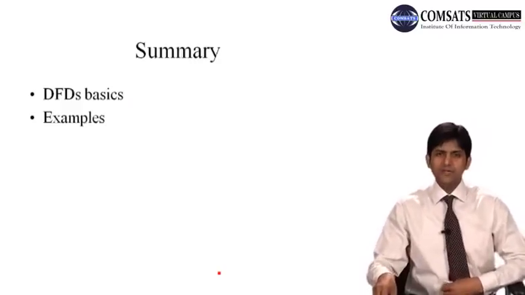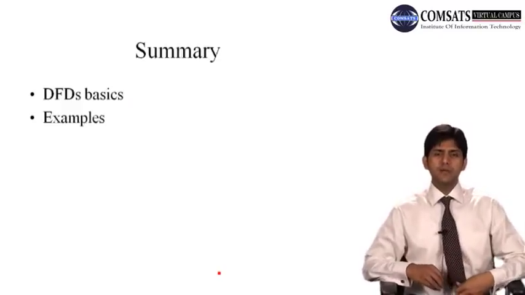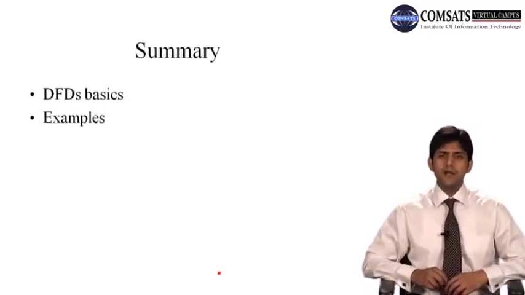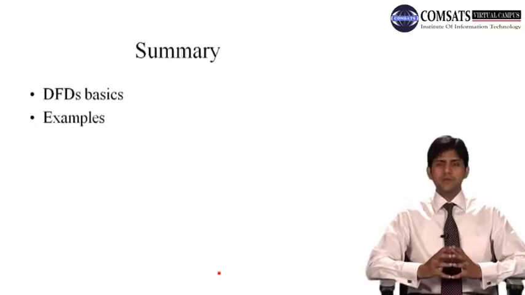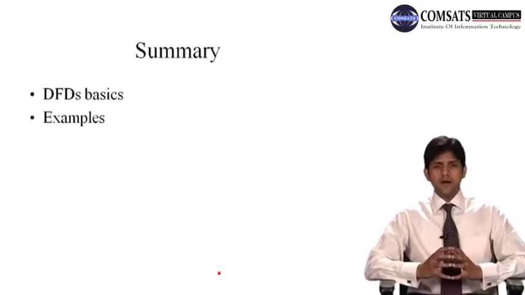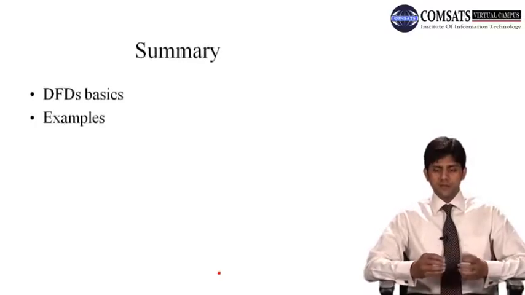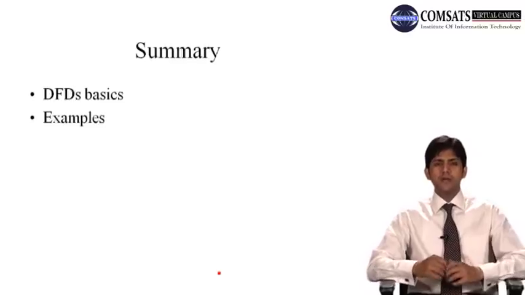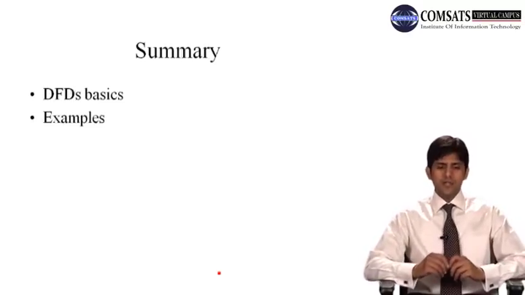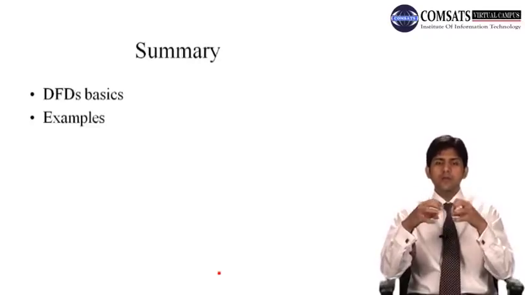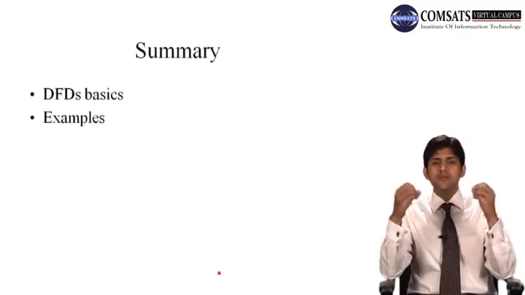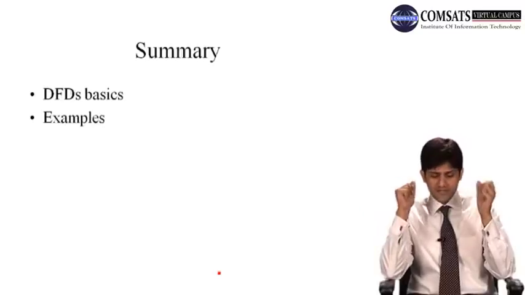So let's quickly summarize what we covered about DFDs. We started off with the introduction of DFDs and the obvious questions that we always ask, why do we need to use a particular diagram and where that diagram fits in. With DFDs we identified that they come in the analysis phase, and the modern way of drawing these DFDs is that you use the use case descriptions and draw these DFDs.